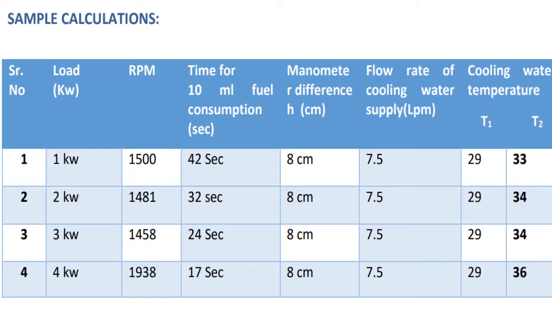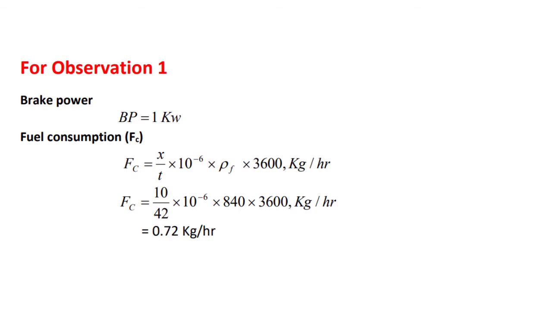Now let's see first how to find the fuel consumption. Here is the sample calculation given. You can see the brake power is taken as 1 kilowatt as we are only applying 1 kilowatt. Fuel consumption equals x by t into 10 raised to minus 6 into density of the diesel, because we are using a diesel engine, that is rho f, density of fuel, into 3600 as we are finding it in kilograms per hour.